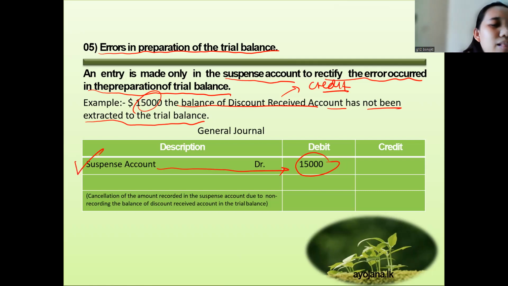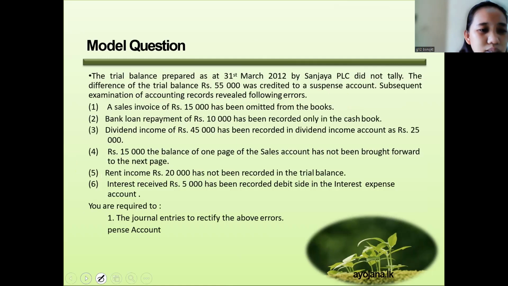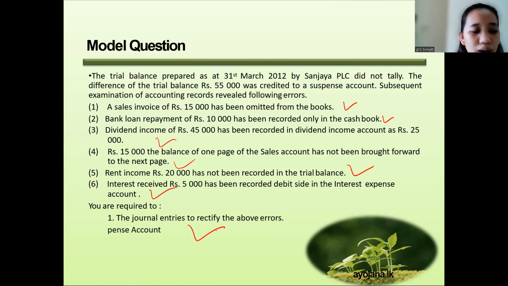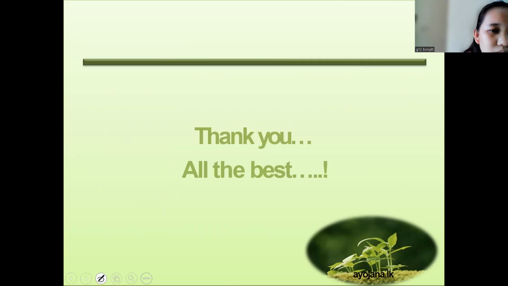This is the correct entry for number 5: cancellation of the amount recorded in the suspense account due to non-recording of the balance of discount received account in the trial balance. I think these questions can be used to exercise whenever you can, to find out and retrieve the above transactions.